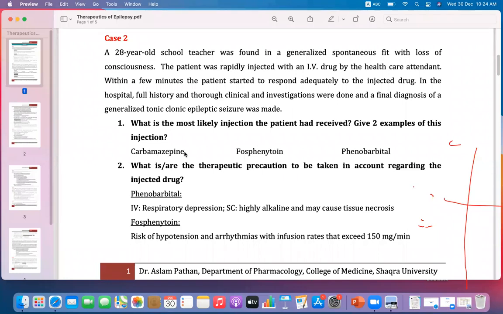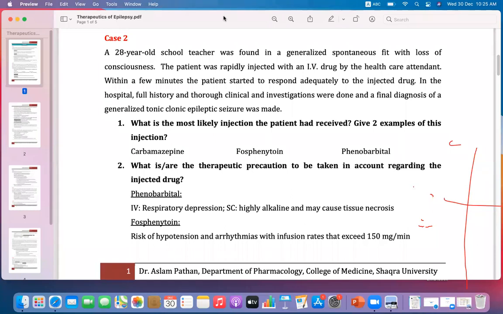Now, from these two preferred drugs, which drug has to be given as per the patient history? Now the patient is unconscious, so according to the availability, or according to the drug's property, we can use maybe carbamazepine or phosphenytoin in the management of generalized tonic clonic epilepsy.